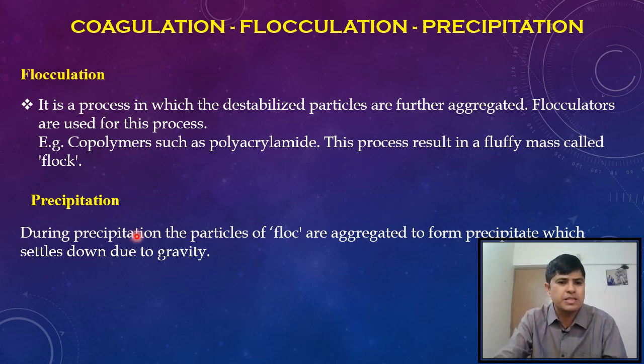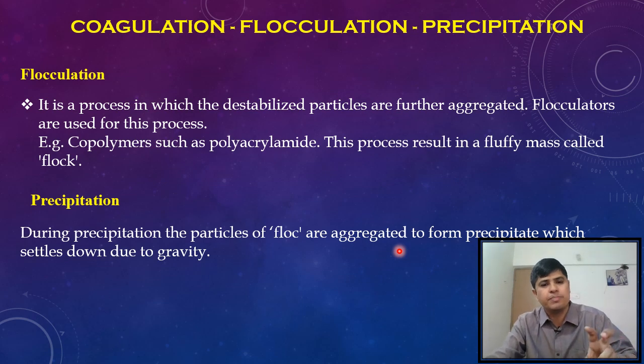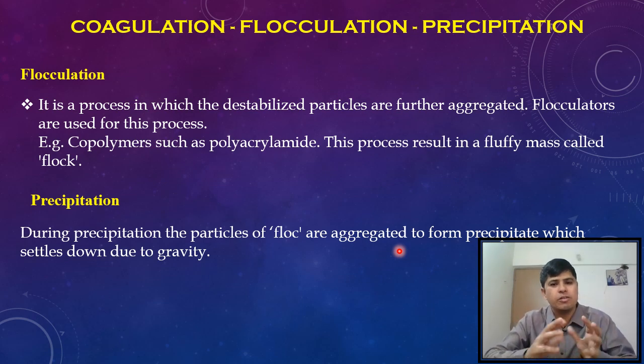Now what is meant by precipitation? During precipitation, the particles of floc are aggregated to form a precipitate, and it settles down due to gravity. This is precipitation. So this is the effluent treatment strategy.